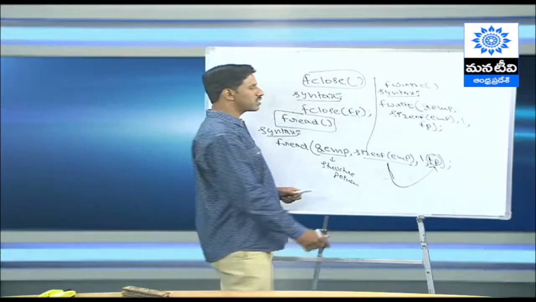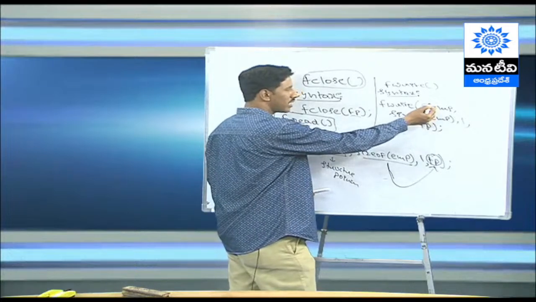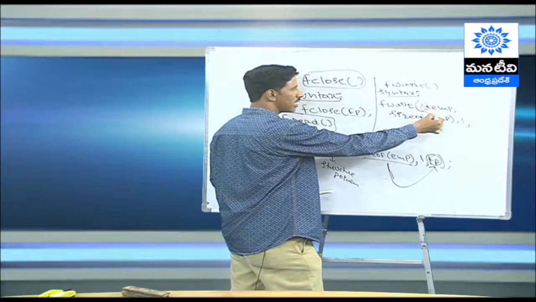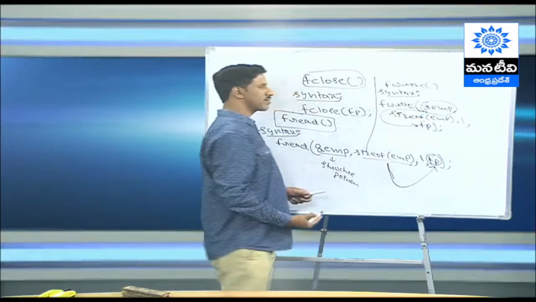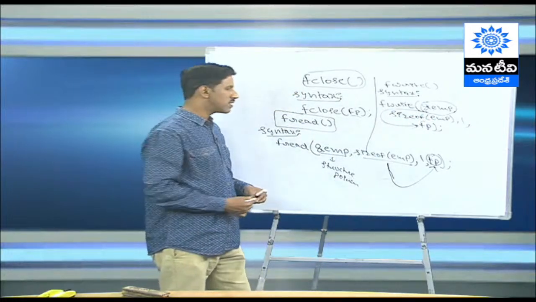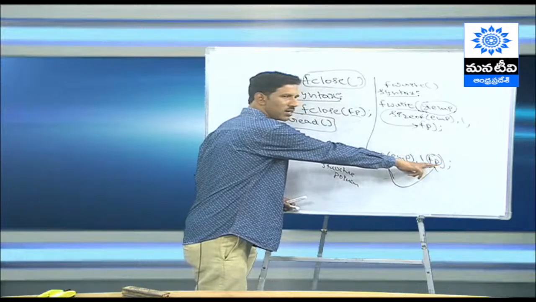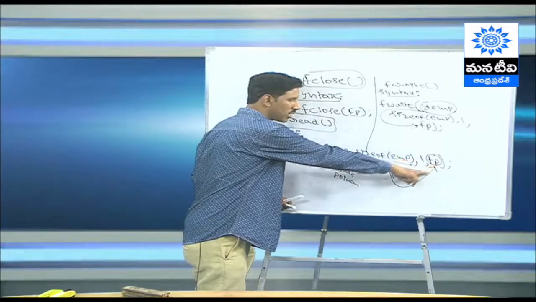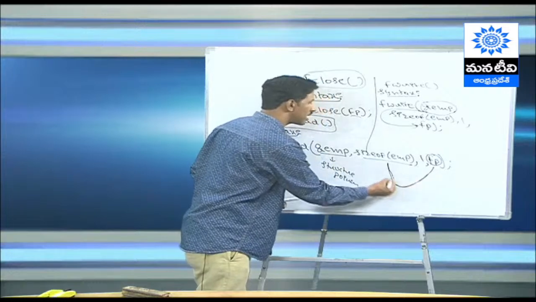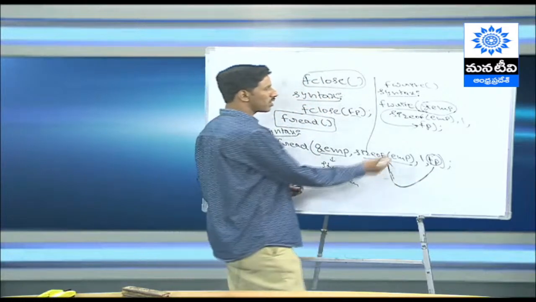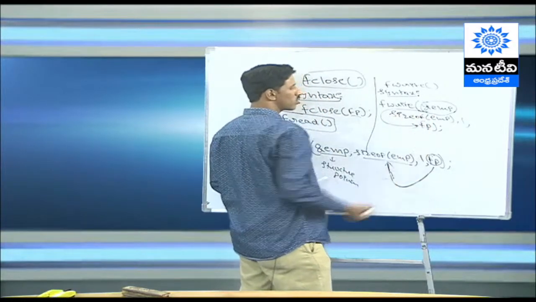What is the meaning of this function here? I already created the employee details, and I want to send them to the file. Now fread is for when you already have the file: the structure detail within the file is to be read. But fwrite is where you send the structure detail to the file pointer.